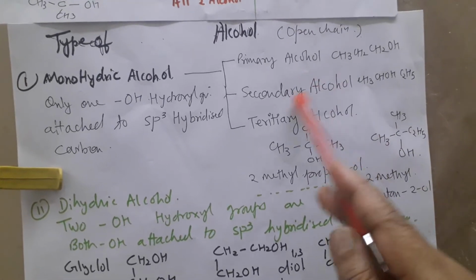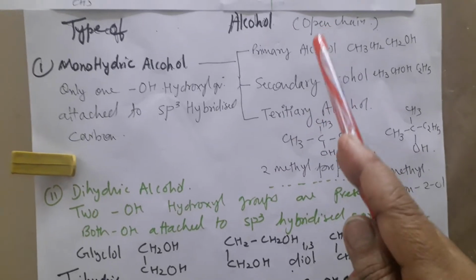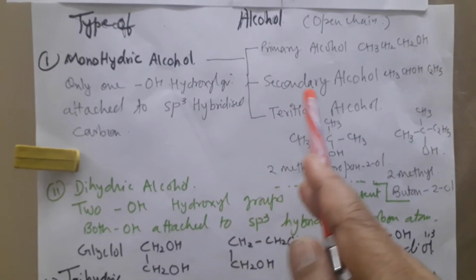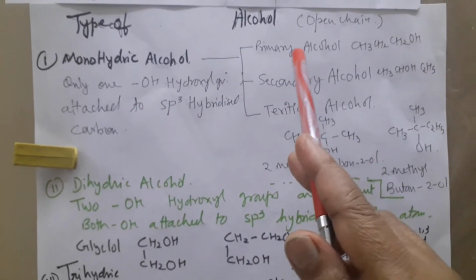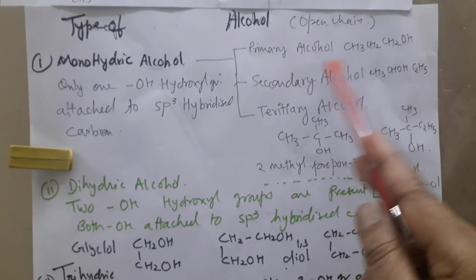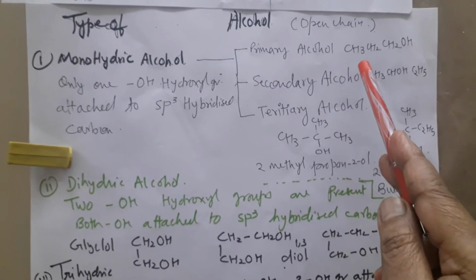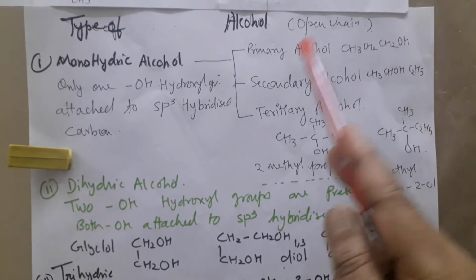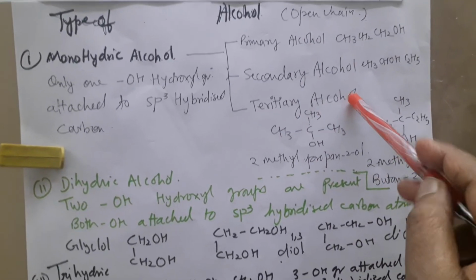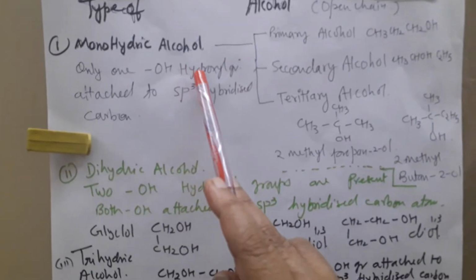I am going fast because we know what primary, secondary and tertiary alcohols are; we have discussed it in the previous video, so that I can give you more and more information. Whether it is CH3CH2OH, ethanol, propanol, butanol, hexanol, all of these, tertiary, secondary or primary, when only one OH group is present, we call it monohydric alcohol.